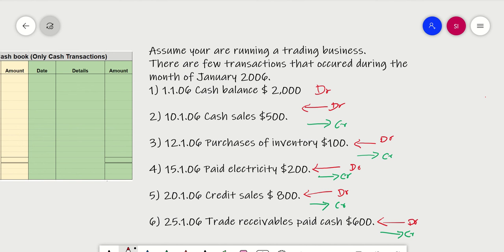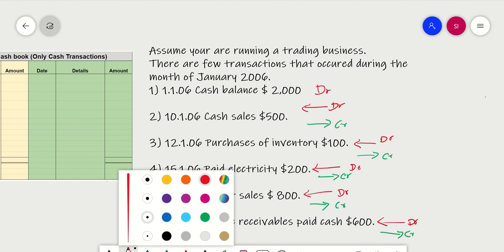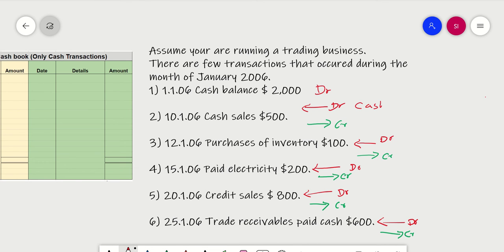Now let's look at the transaction which occurred on 10th. Now cash sales final. So you received cash and sales account credit.